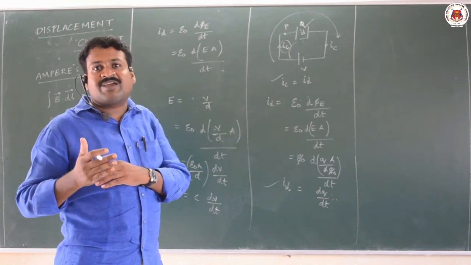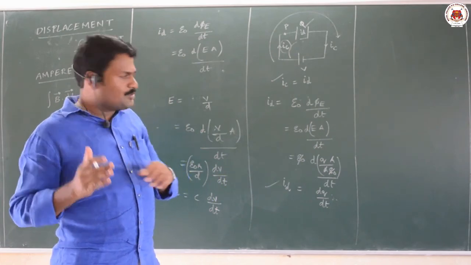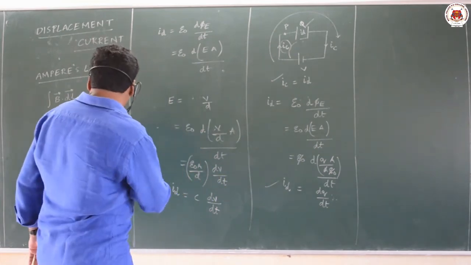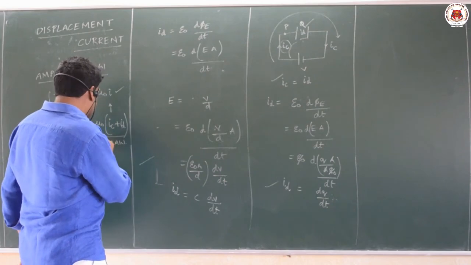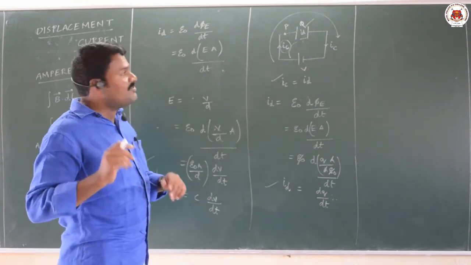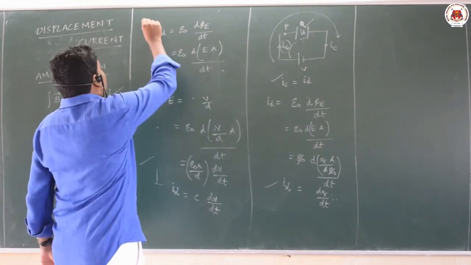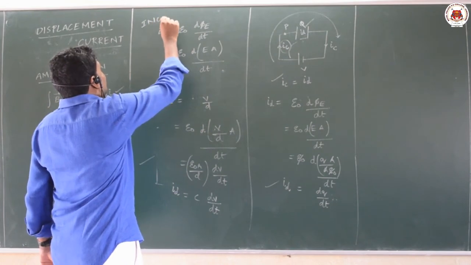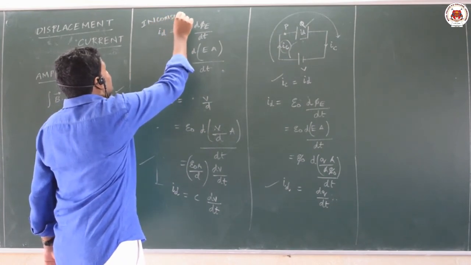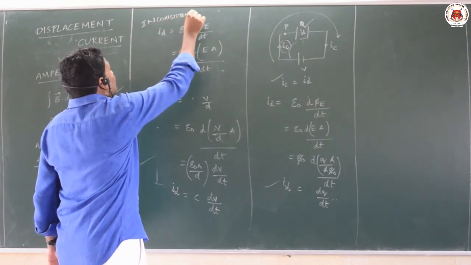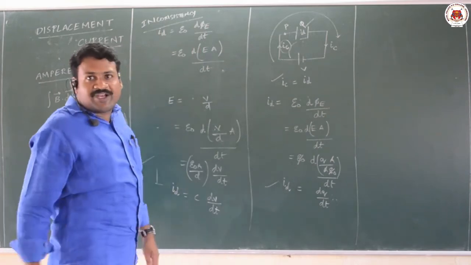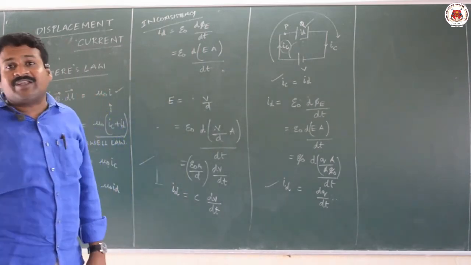Because of those conditions, Ampere's law has some inconsistency. In your textbook, this word inconsistency of Ampere's law was first identified by Maxwell in 1831.